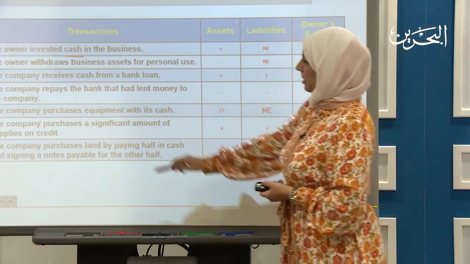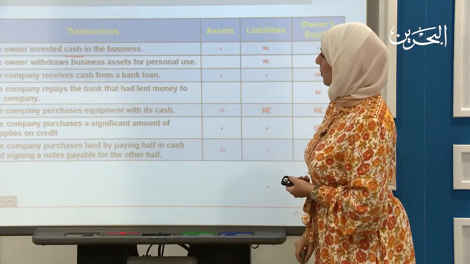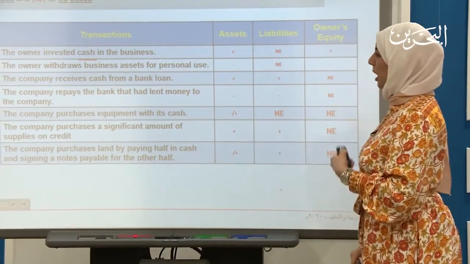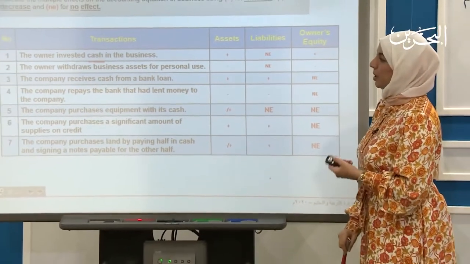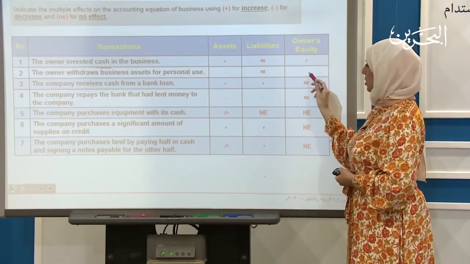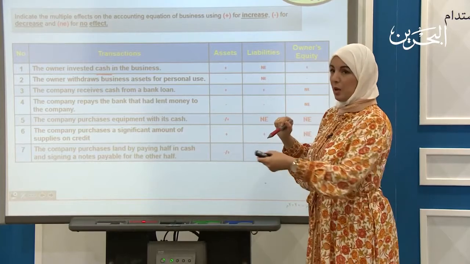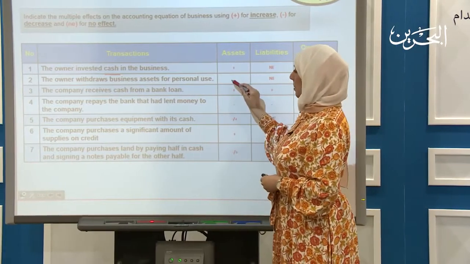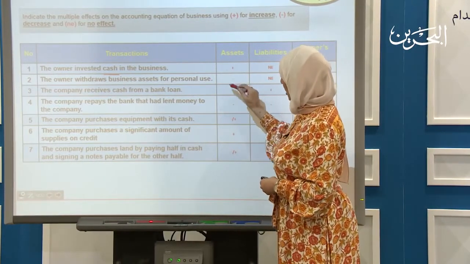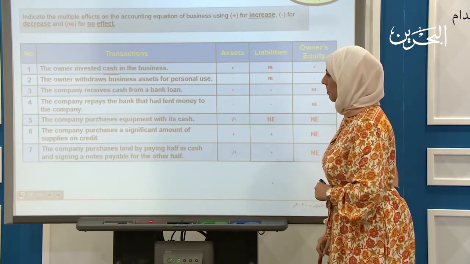For the second transaction, the owner withdraws business assets for personal use. If I withdraw, I know the withdrawal will affect the owner equity of the company. So it will decrease the owner equity. And if I withdraw money, the cash in my company will decrease.